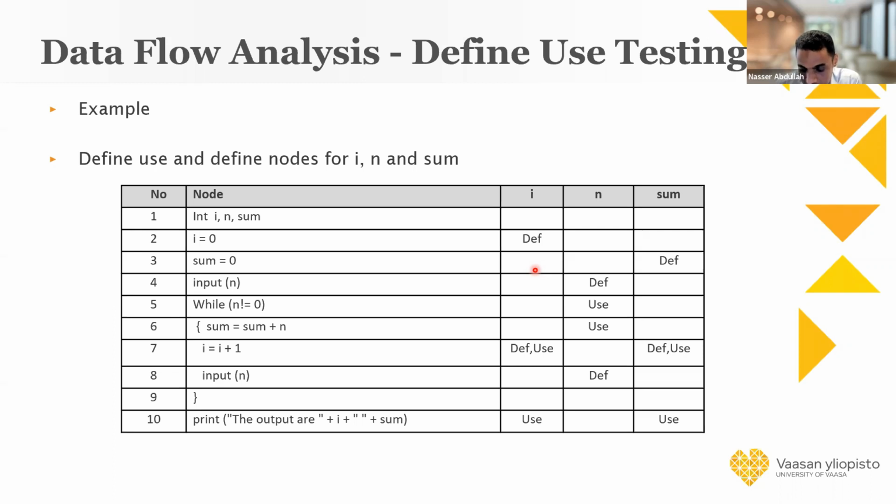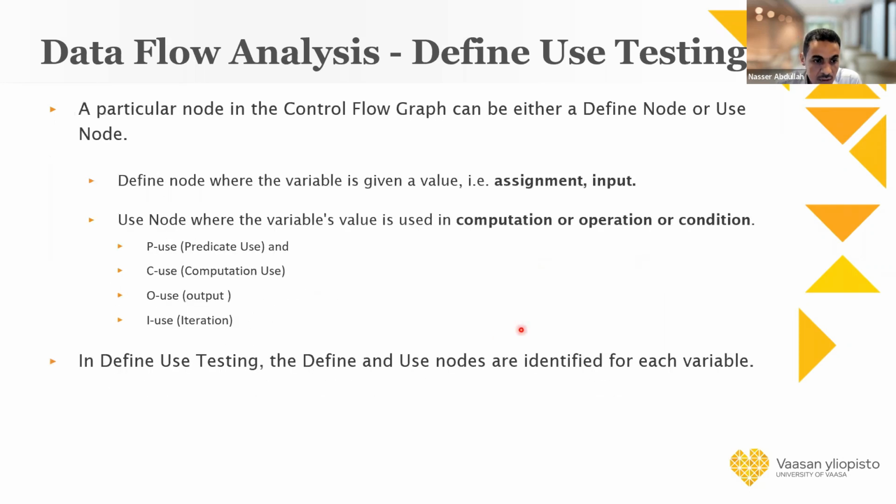Okay. So let's see now, based on what we said, we call this one define and use. Define is any assignment statement or input statement. So we call it define. If we have another tab, which is, for example, the node where the variable is used, for example, for computations, for comparison, for output, for iteration, this is also called use.